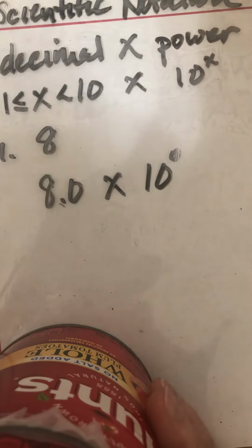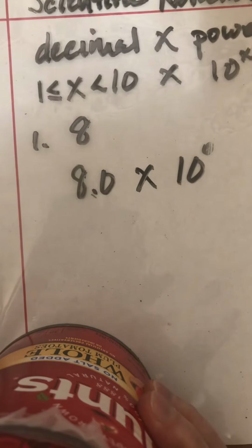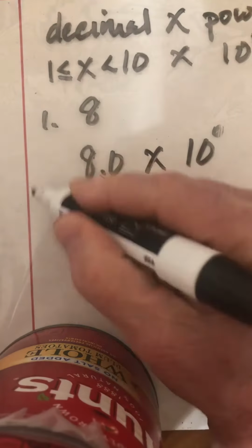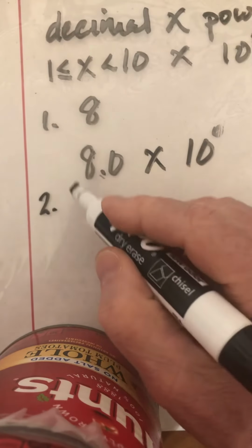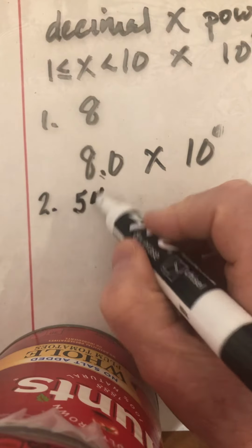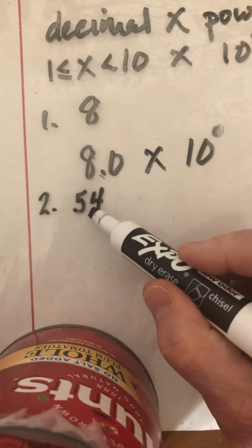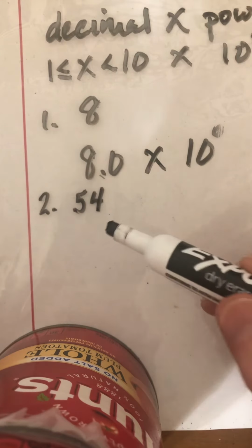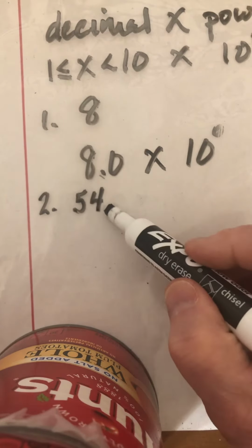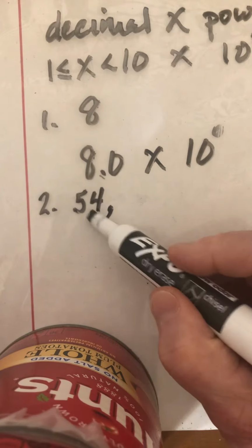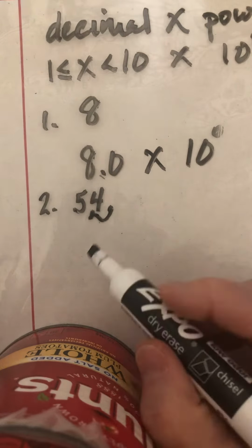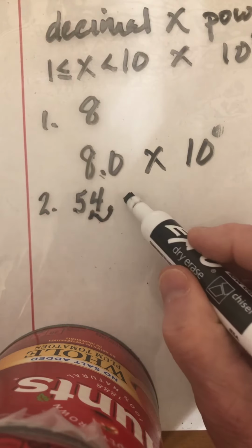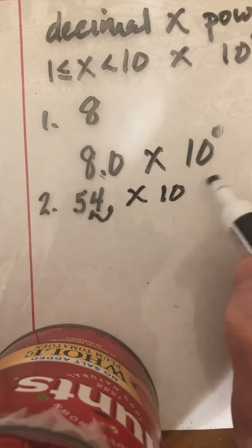All right, so let's take a look at the second one. Number 2 was 54. In order to get this 54 written correctly, I have to move this decimal point 1 space to the left. Right now, this would be 54 times 10 to the 0.